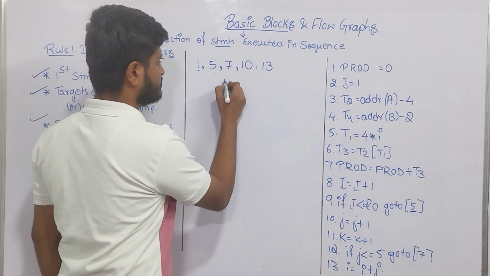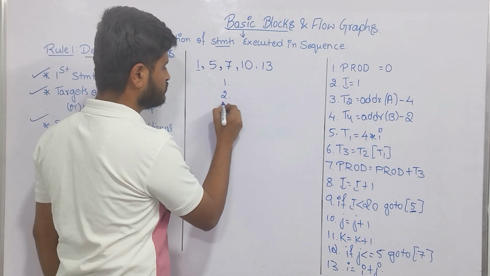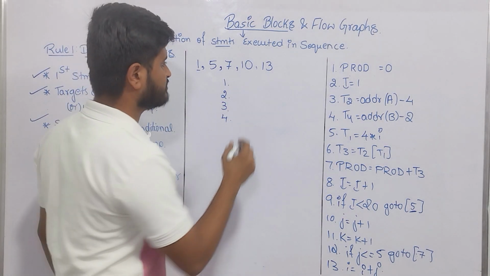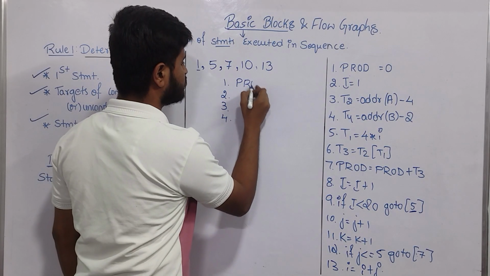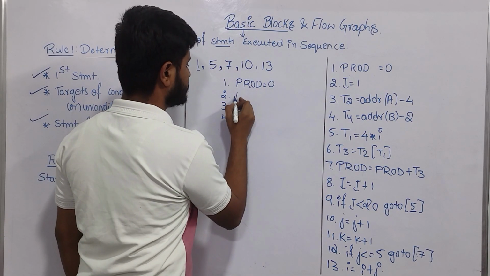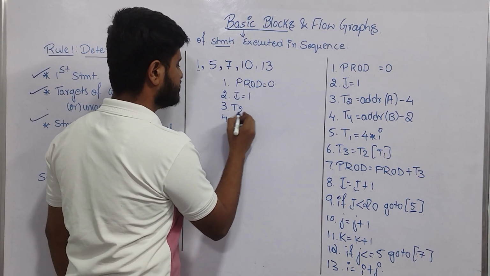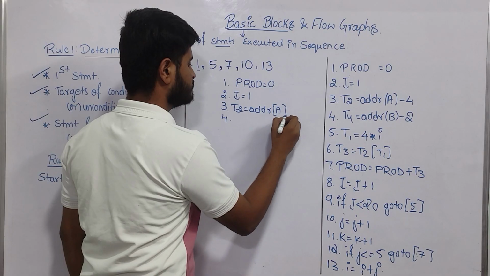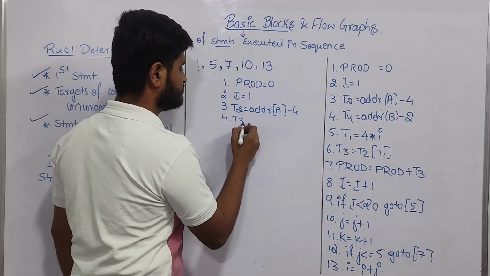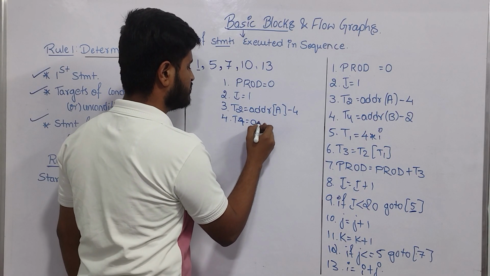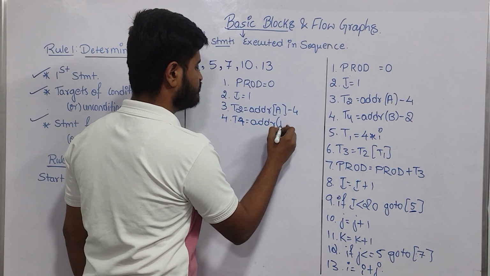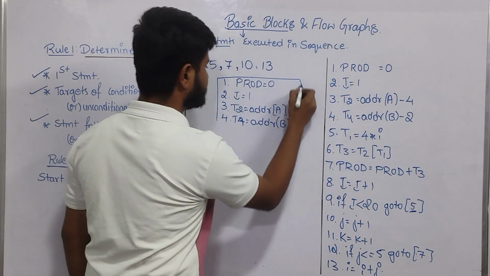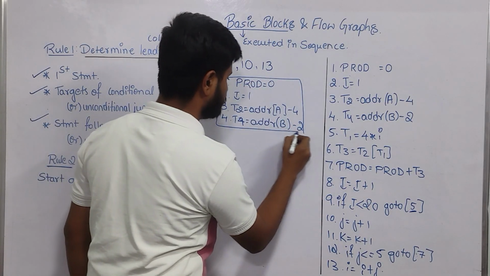I will design here from 1, 2, 3 and 4 in one block: PROD is equal to 0, I is equal to 1, T2 is equal to address of A minus 4, T4 is equal to address of B minus 2. This full set is one basic block.